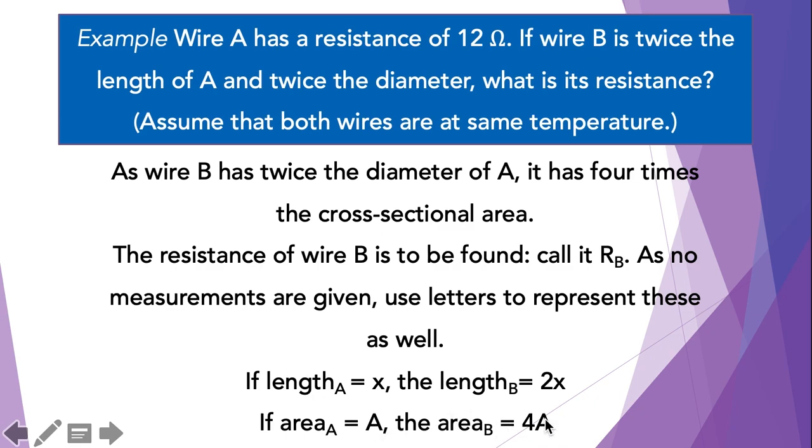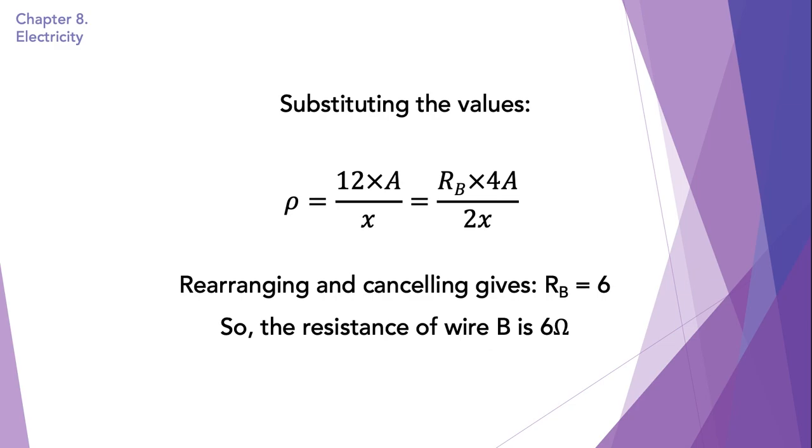So when we substitute the values, we get the resistivity of the material is equal to RA into A upon X is equal to RB into 4A upon 2X.